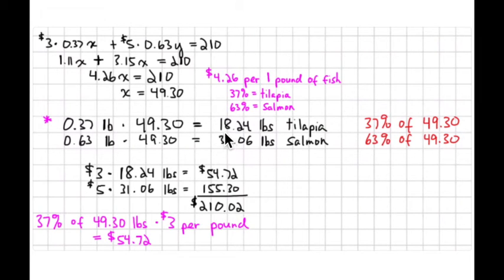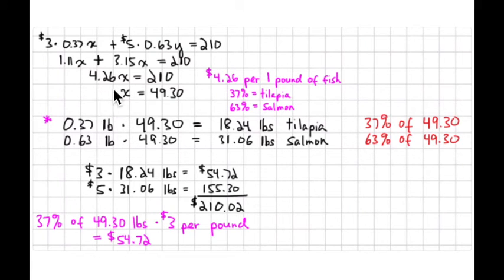So that's this 18 pounds and 24 hundredths of a pound. And 63% of that, or 63 hundredths of that, is going to be salmon. So that's the 31 and 6 hundredths pounds of salmon.